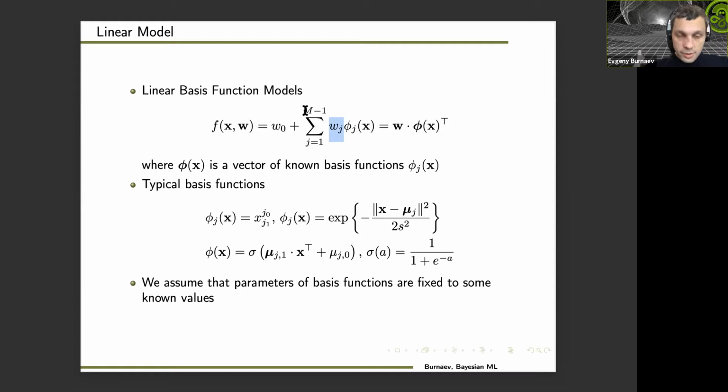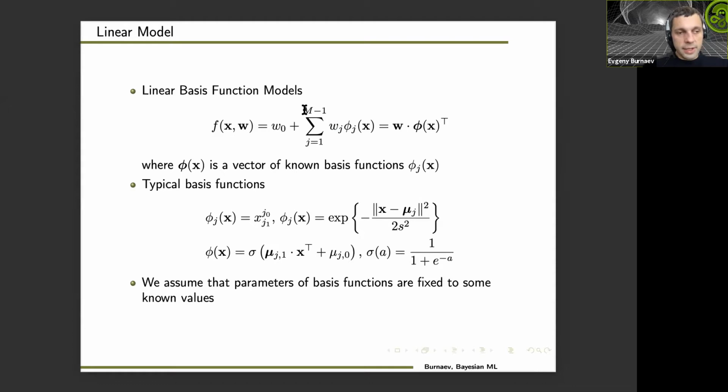So this can be formulated as an additional constraint on sparsity. In our model, we would like the number of non-zero coefficients W to be as small as possible.